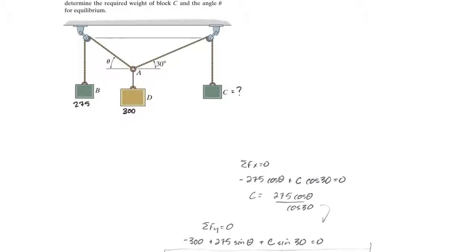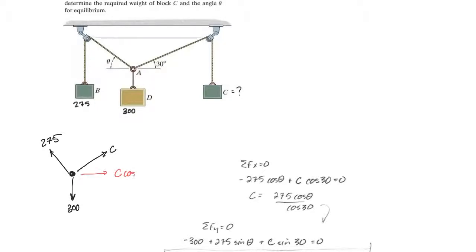So let's go ahead and draw that. So here is our free body diagram. I have C going up this way. I got 275 there and 300. And let's draw the components of the forces.